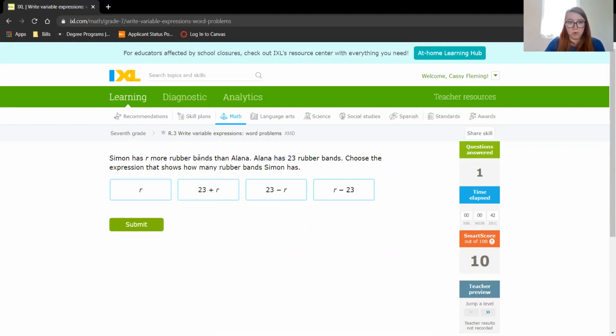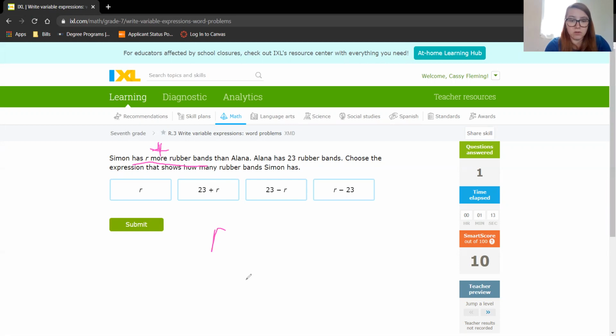Simon has R more rubber bands than Alana. Alana has 23 rubber bands. Choose the expression that shows how many rubber bands Simon has. I'm going to write on this because I think it'd be better for me to just write it out. So Simon has R. Alana has 23. Simon has R more rubber bands. More means addition. That's an addition sign, I promise.